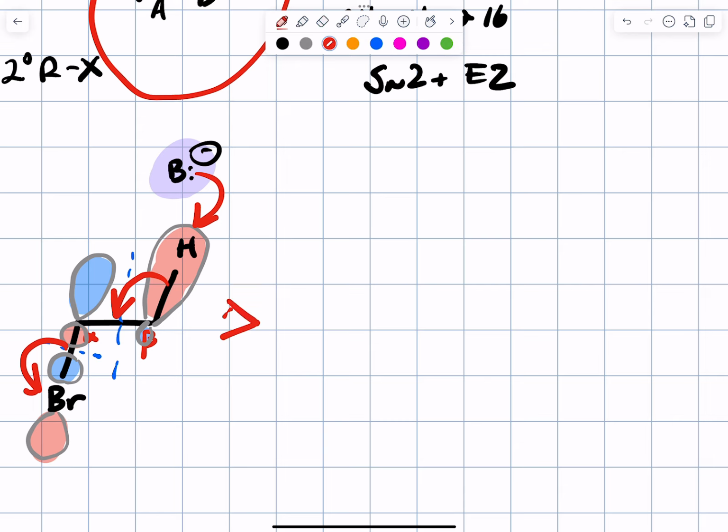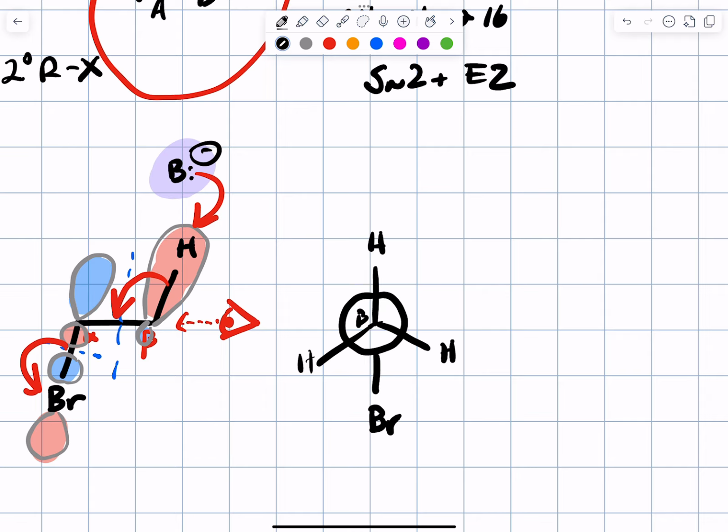If we drew our Newman projection and drew the beta carbon here in the front with the hydrogen, you would see that it's only the hydrogen that lines up anti to the leaving group.